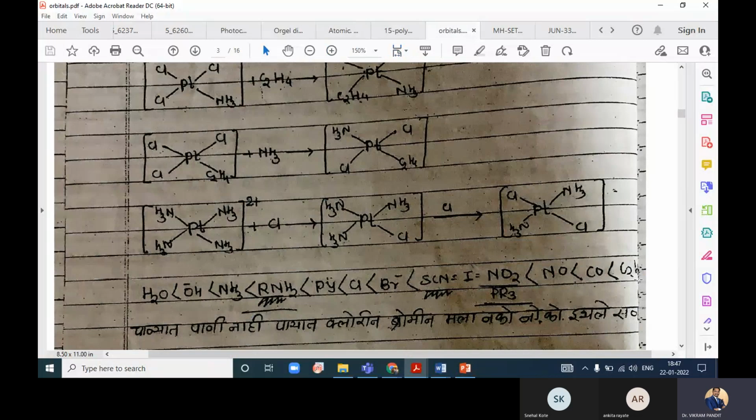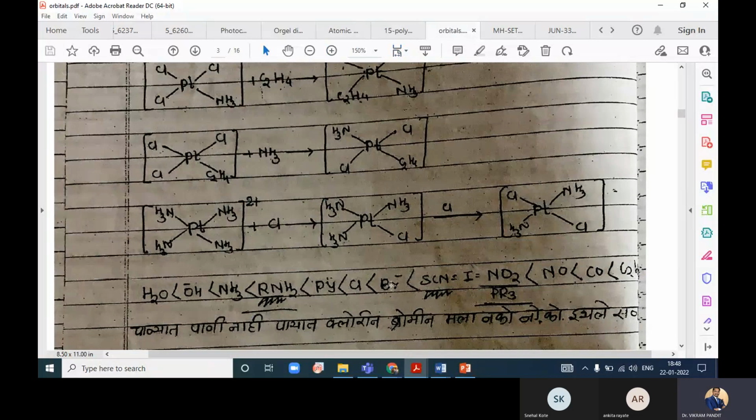Here C2H4, then CO, NO2, iodine, then bromine, chlorine, pyridine, ammine, and water molecule or OH minus. This end has a lower trans effect, and this end has a higher trans effect.